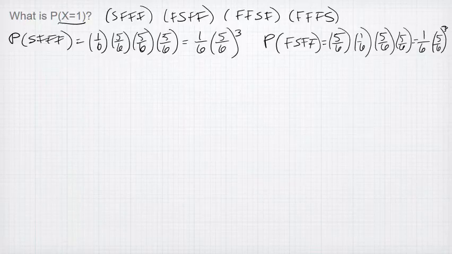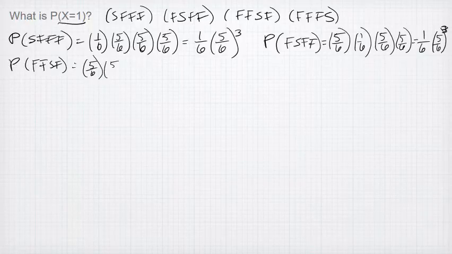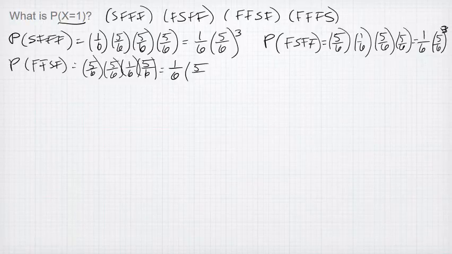Okay, let's try the next one: failure, failure, success, failure is 5/6 times 5/6 times 1/6 times 5/6. So you'll see again, it's 1/6 times 5/6 to the third. And if I do the fourth one, you're going to find that it's the exact same thing. Okay, so here's the next one. Ooh, it's a pattern.